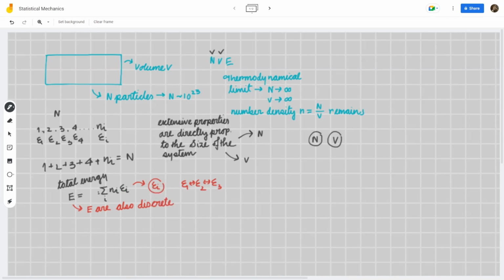But in the case of systems of large volume, the gap between two successive energy values is very small. Thus, it seems that the total energy E is continuous to some extent. Thus, from here we can say that the state of the system can also depend on E.